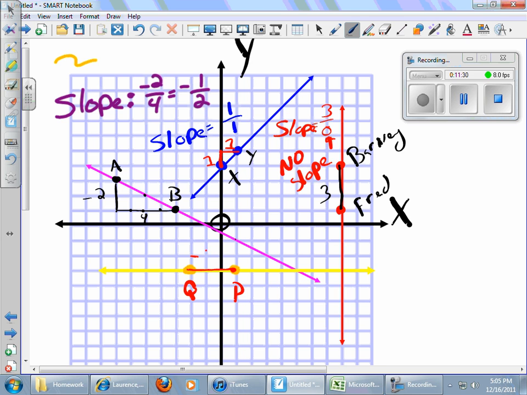Looks like it's -3 because I went to the left. So for the yellow one, my slope is going to be rise of 0, run of -3, which you could say is just simply 0, or keep it as a fraction. 0 divided by -3 is the same as 0.